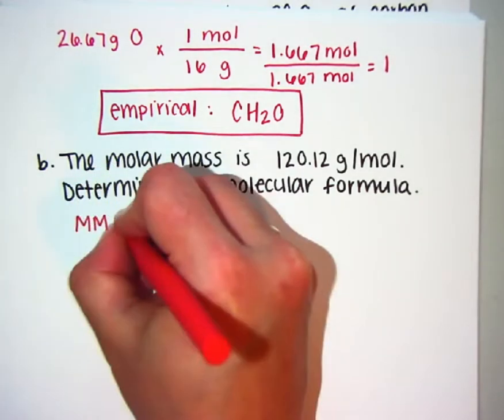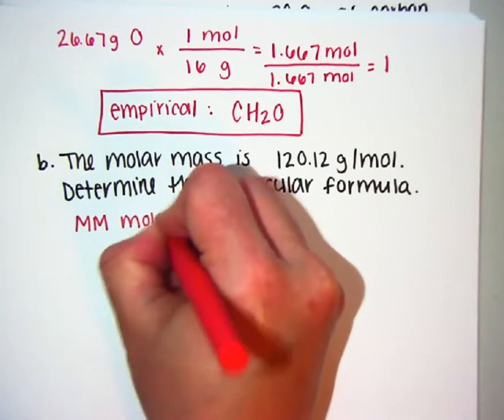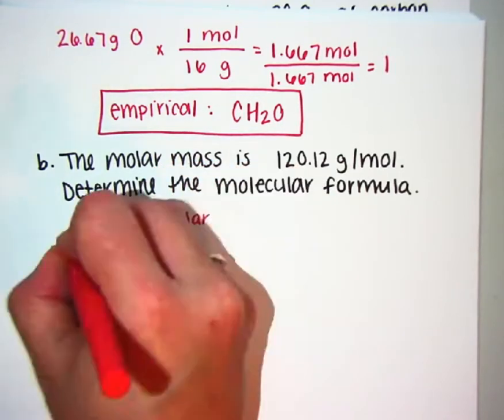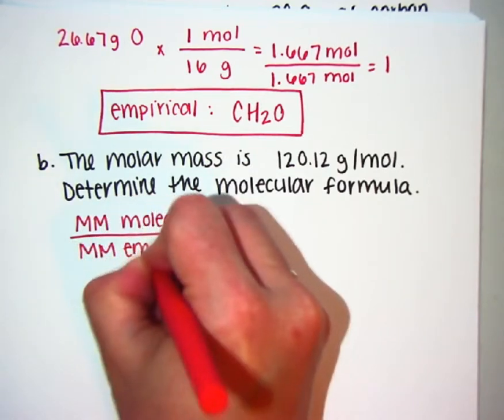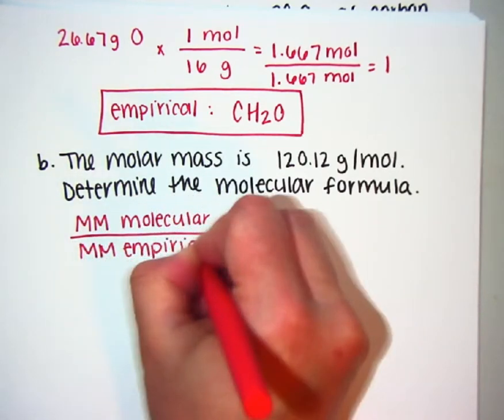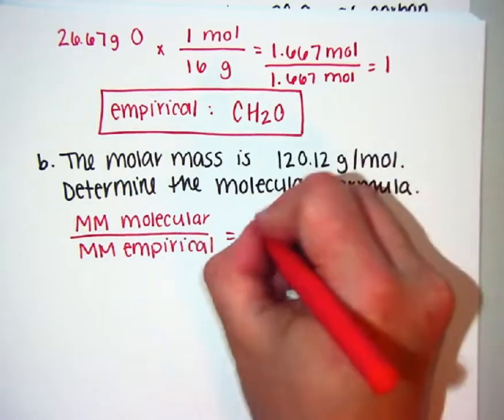So again, the equation we're going to use is we are going to take the molar mass of molecular and divide it by the molar mass of the empirical. Molecular was given.